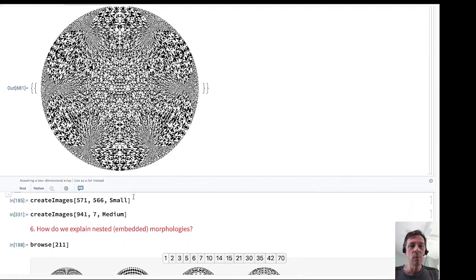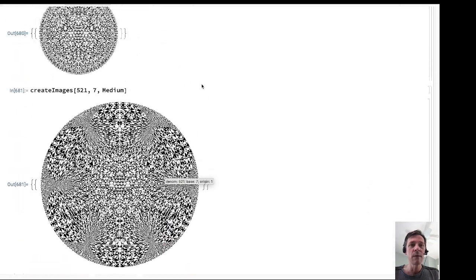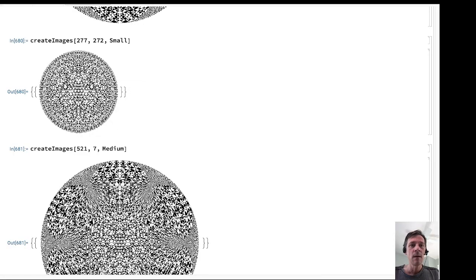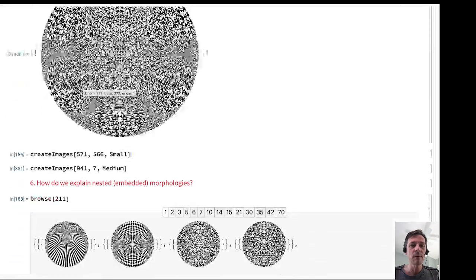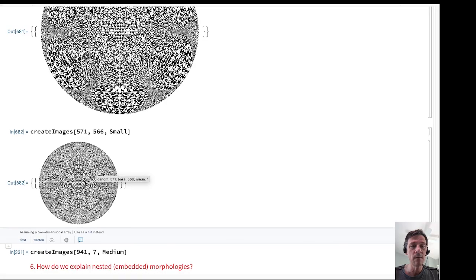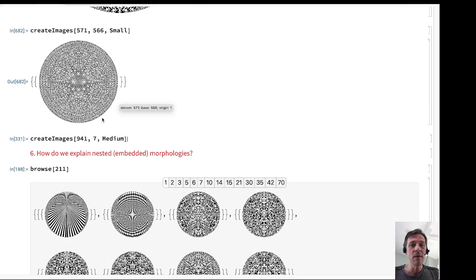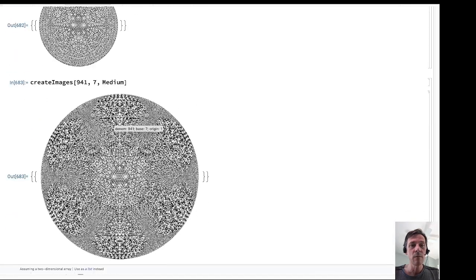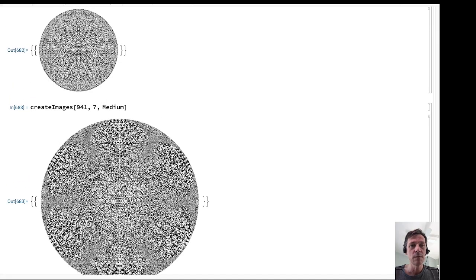And then let me do one with very high resolution. This is again an n minus 5 type of thing, but here it's much easier to see it as a 6-pointed star. n minus 5 makes a 6-pointed star, and a base 7 image has 6 nodes. I've got the 6 nodes on the outside, but on the inside is forming this 6-pointed star that looks very similar to the 6-pointed star here.